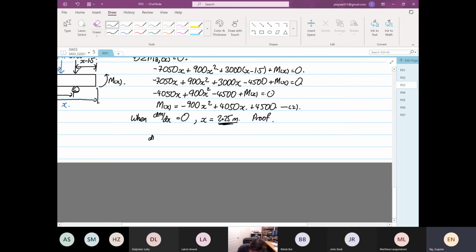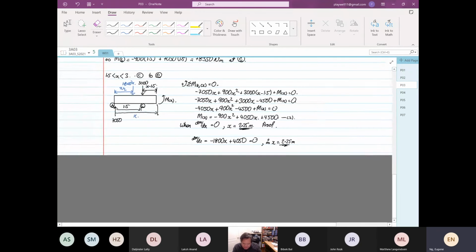So dm by dx is equal to minus 1800x plus 4050. The whole thing is equal to 0. So therefore, x is equal to 4050 divided by 1800, which is 2.25 meters. So the equation is correct.